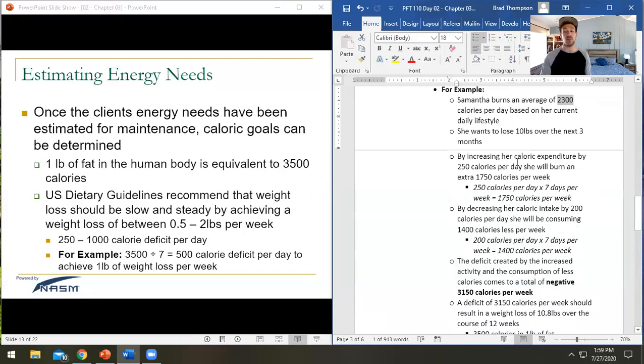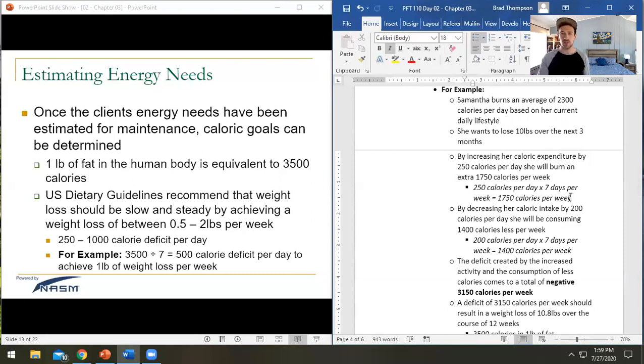So instead, we're going to use a combination of dieting and exercise, right? Again, she wants to lose 10 pounds over 3 months. We're going to increase her caloric expenditure by about 250 calories every day. That's an extra 1,750 calories every week because she's doing it 7 days a week. Mondays, Wednesdays, and Fridays, we put her on a simple strength training routine.